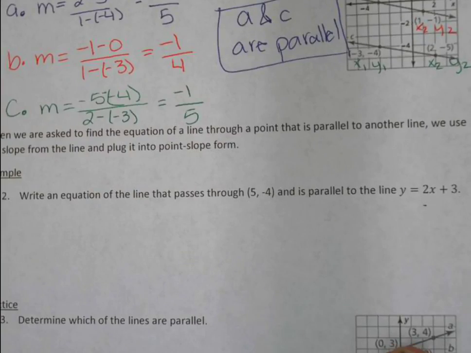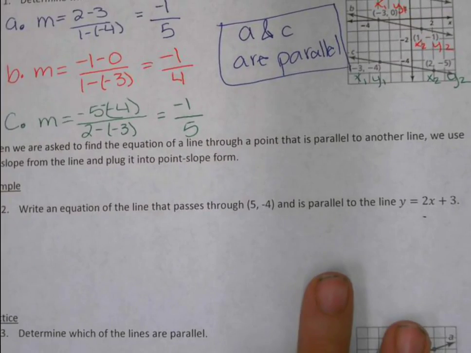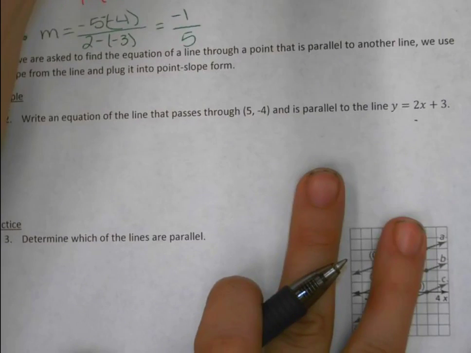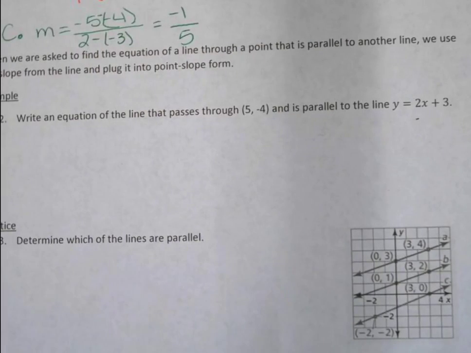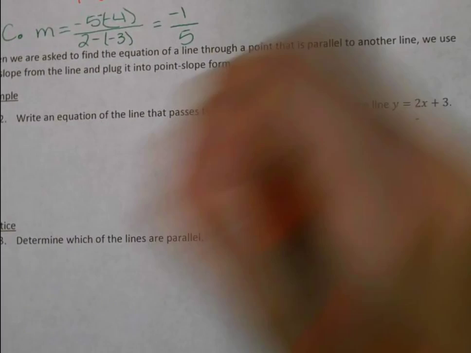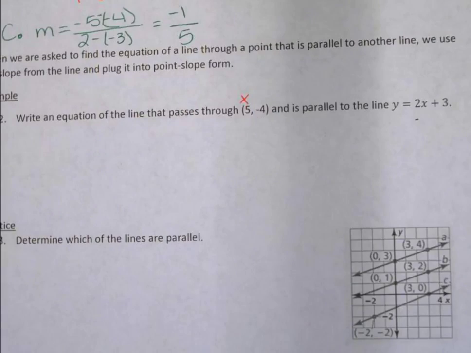Okay. So on number 2, it wants me to write the equation of a line that passes through the point 5, negative 4 and is parallel to the line y equals 2x plus 3. So I know my point. This is x and this is y.